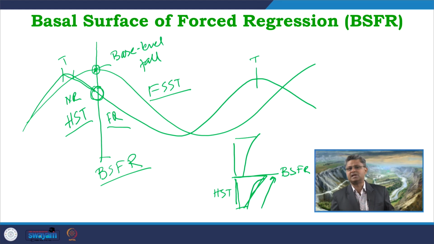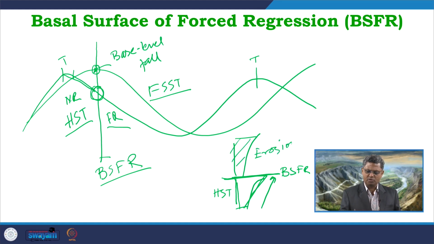Already in the previous classes we have discussed unconformity. Unconformity can get superimposed with BSFR when, instead of deposition, we get erosion, and that is a common case in the marginal marine part or the continental part, particularly within the fluvial part, when during this base level fall we get erosion, fluvial incision or bypass.